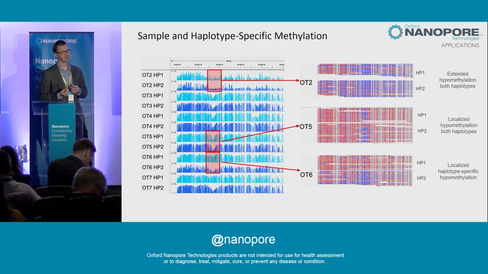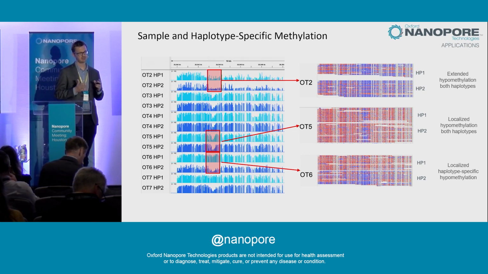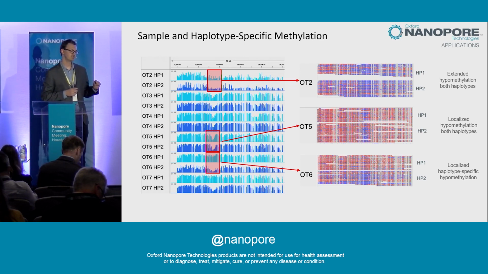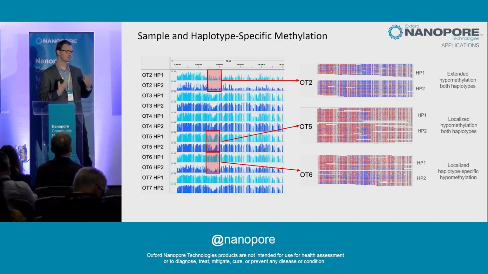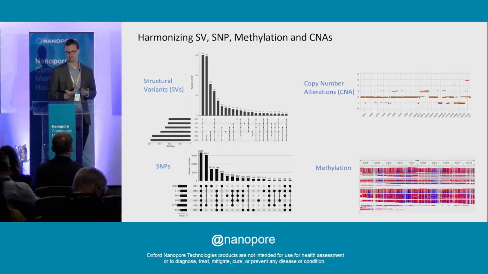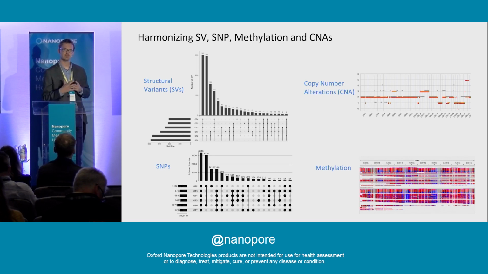Sample 5 also has hypomethylation, but it's more localized, versus sample 6, within the same region, is haplotype-specific. So we are now also working on combining different types of variation, genomic and epigenetic, to ultimately come up with the best model that explains the evolution of this tumor.